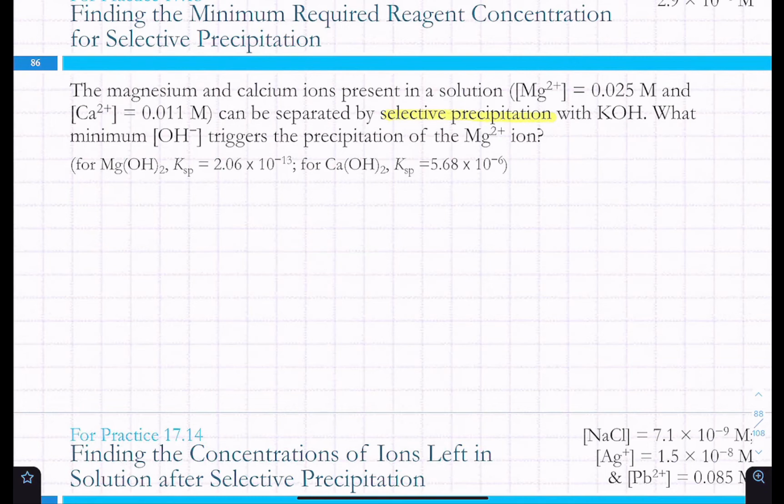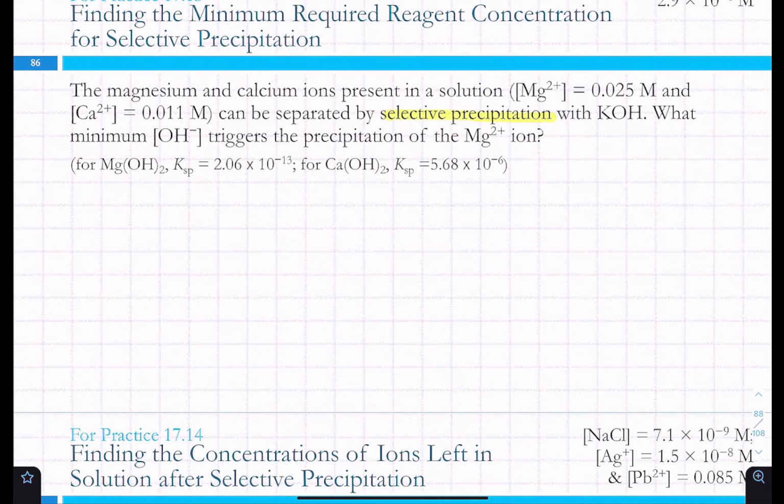One of them is that we know that Q equals K at the point of precipitation. Okay, so we know that we have the KSPs, and so we can look at our magnesium ion and its KSP, right? That's times 10 to the negative 13 versus times 10 to the negative 6. So magnesium is definitely going to be precipitating first.